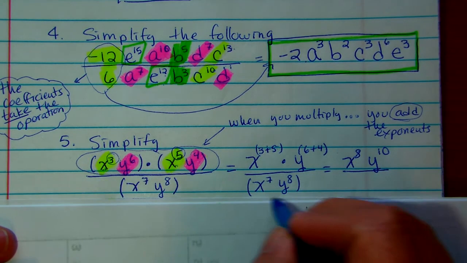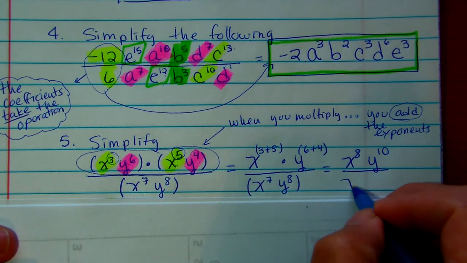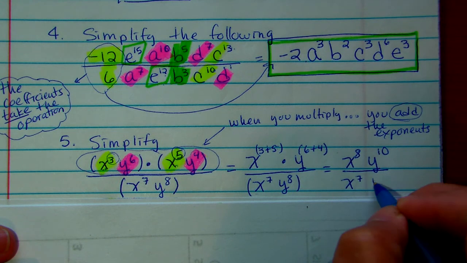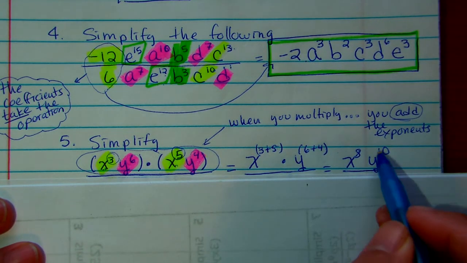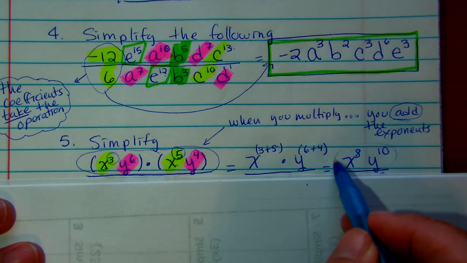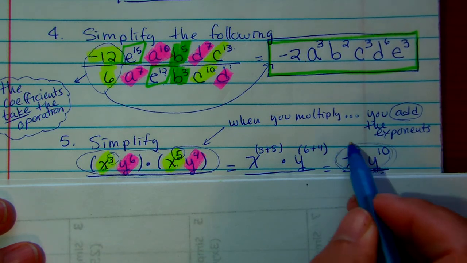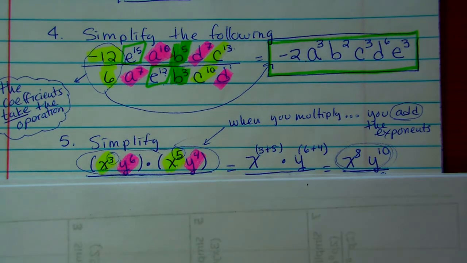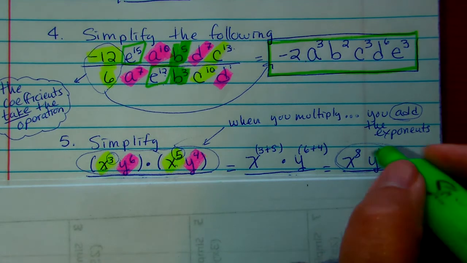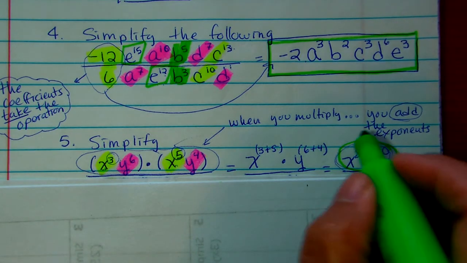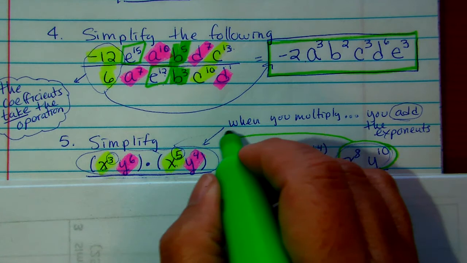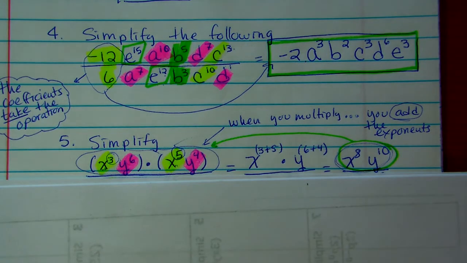And I'm just going to write what we have in the bottom. x to the power of 7, y to the power of 8. Okay, so look what happened. Let me make a little mark right here. This is the result of doing this.